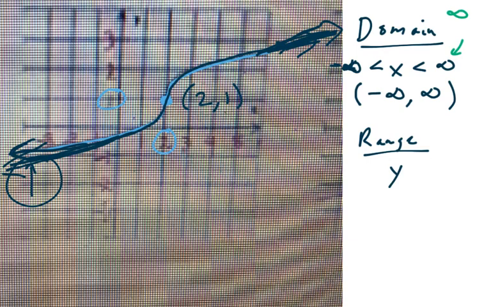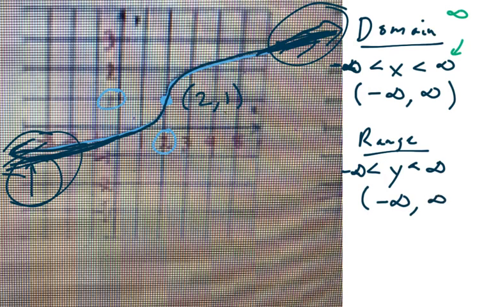Even though it's doing it slowly, it's going up forever to the right over here. It's going down forever to the left over here. So when you think of up and down, which is y, we would also say it goes from negative infinity to positive infinity. Y is between those two values. Again, interval notation, we would say negative infinity, positive infinity.